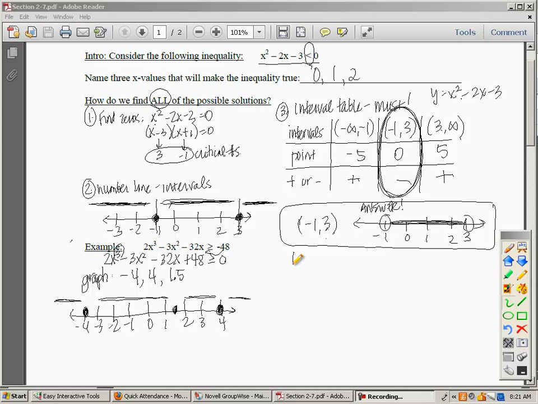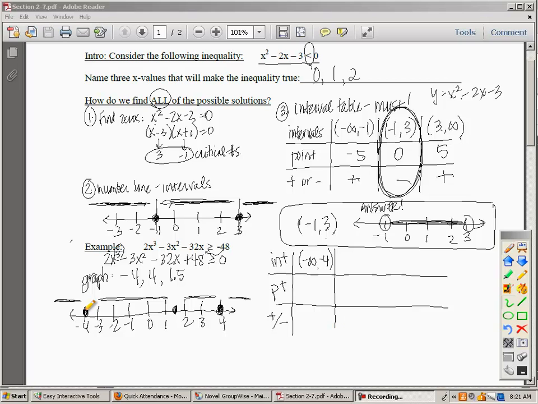So I'm going to make my table again. The first column is my interval. The second part is my point. And then I'm asking, do I get a positive or a negative? Well, anything less than -4 means from -infinity to -4.